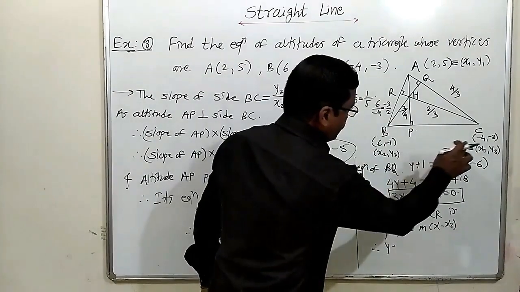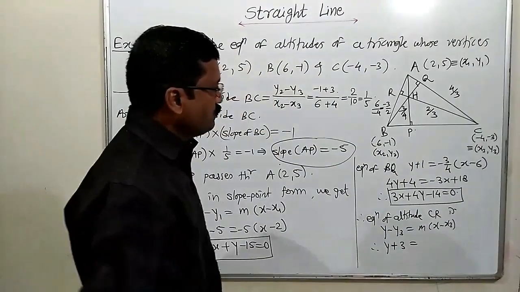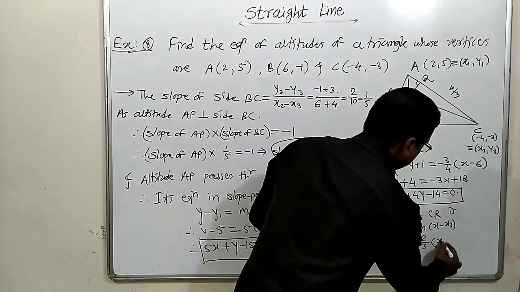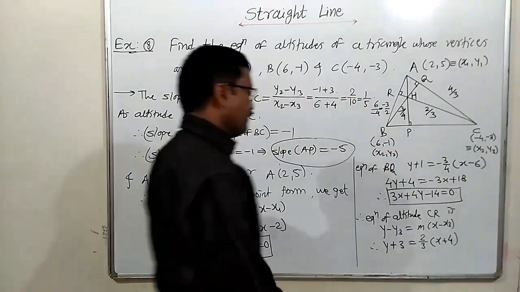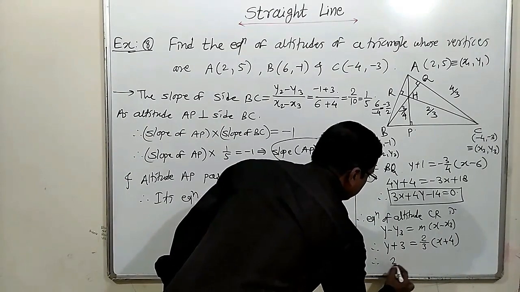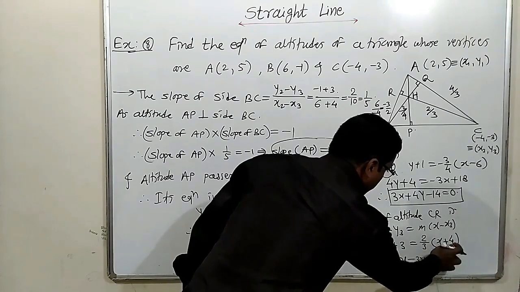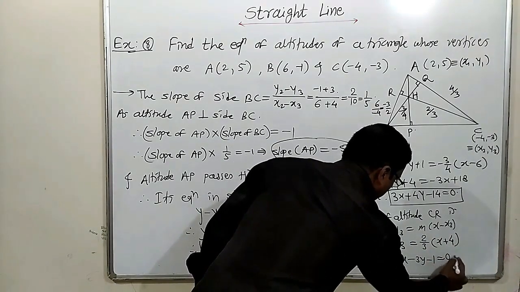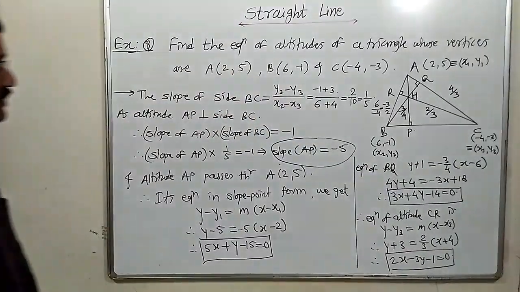Y minus y3 is y minus minus 3, so y plus 3 is equal to slope m, 2 by 3, into x minus x3, where x3 is minus 4, so x plus 4. Just simplify that. It will be 2x minus 3y plus 8 minus 9, that is minus 1 equal to 0. So this will be the equation of the third altitude.